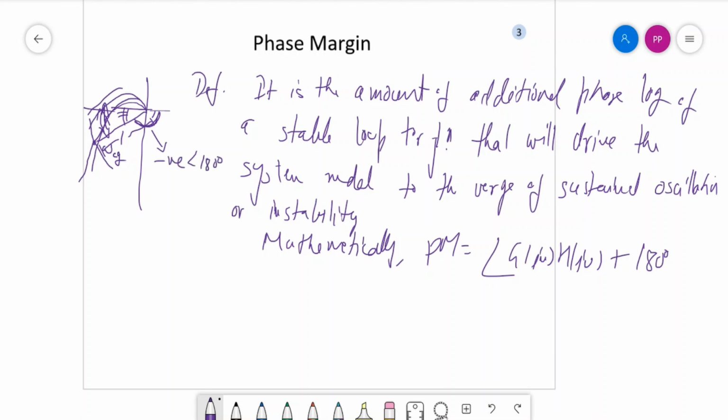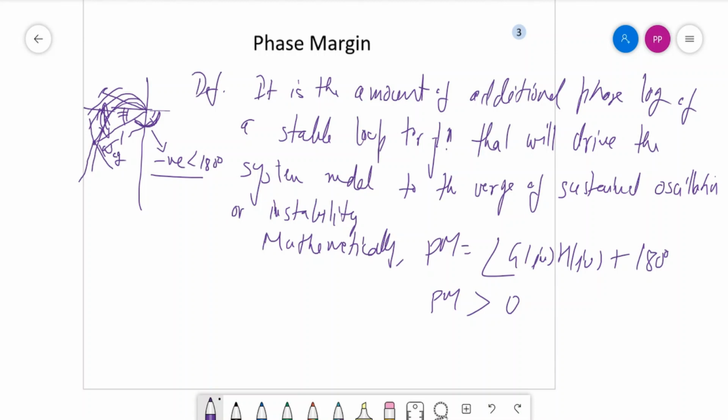So if I am adding this value to plus 180 degrees, naturally this phase margin will be greater than 0. This will be positive until and unless this gain is increased and this unity crossing point reaches the second quadrant like this, then this angle will become negative.